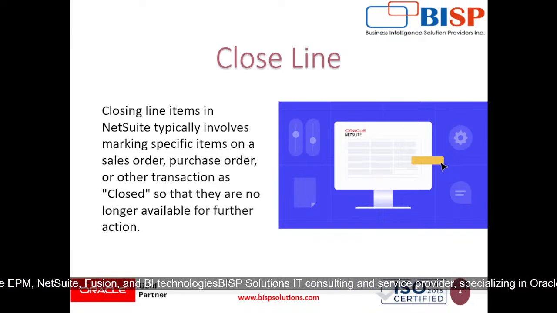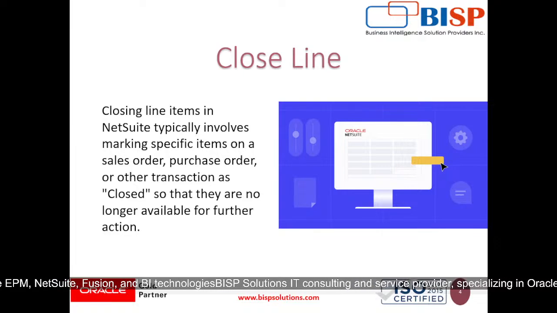Because closed line items are excluded from further billing or payment processing, since the transaction is stated as closed, and it cannot be accessed by any person or any department of any role.